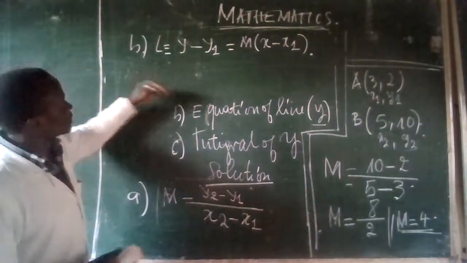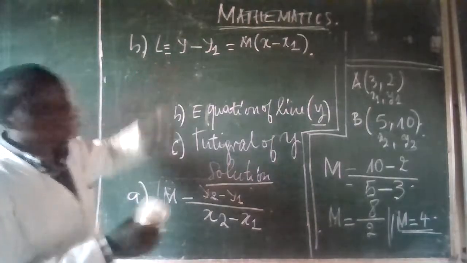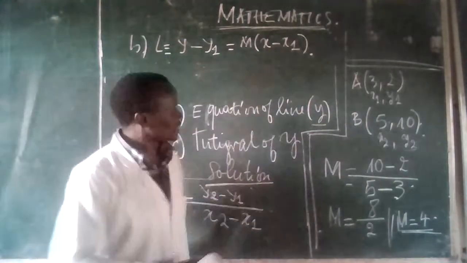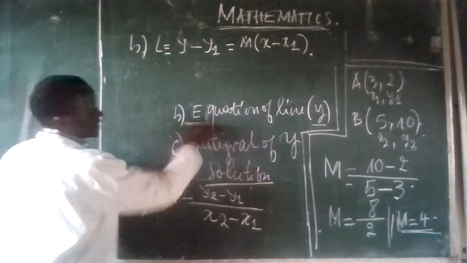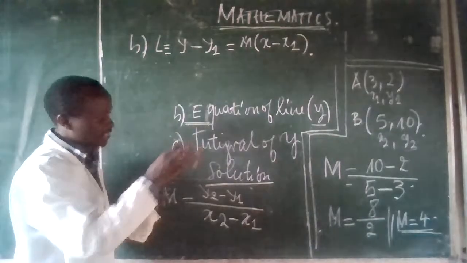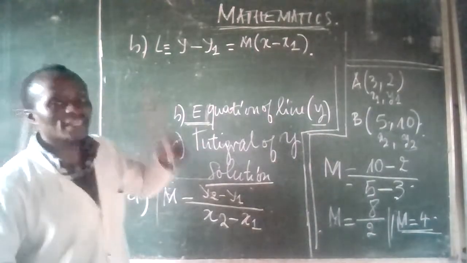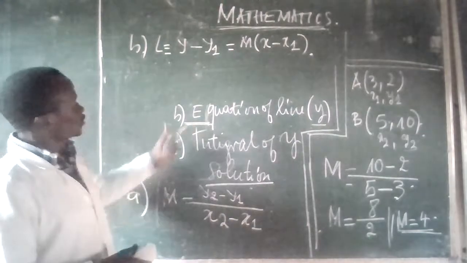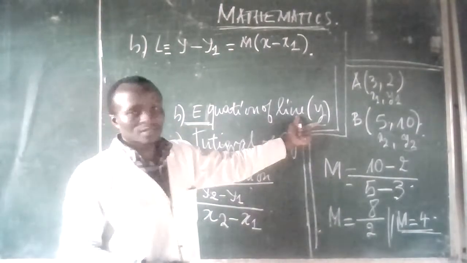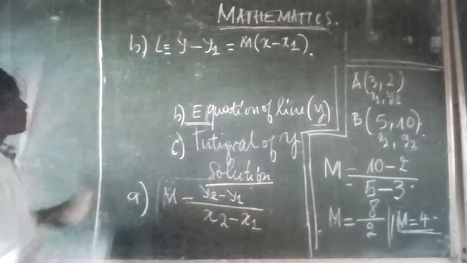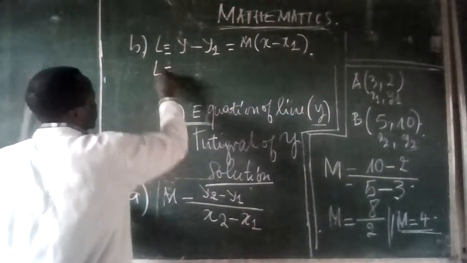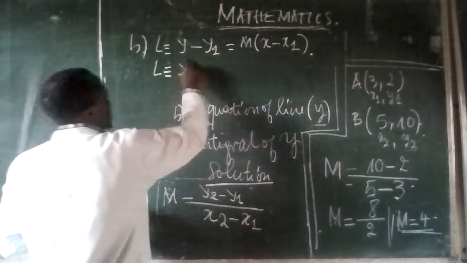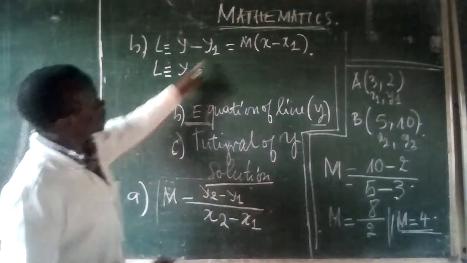So now this is the general formula used for calculating the equation of line. This is sub question B, right? As A was to find the gradient, sub question B is about finding the equation of line. How is the equation of line? This is y minus, how is y1?